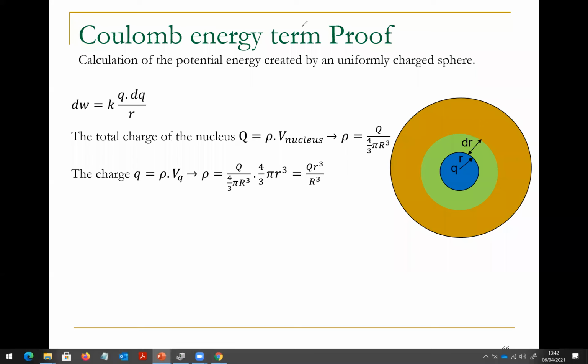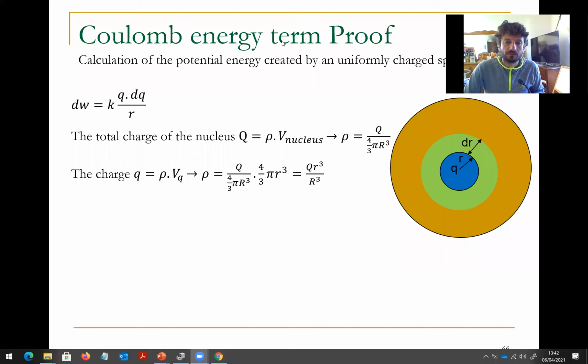So here we put the value of rho equals Q divided by 4 over 3 pi R cube, and this is rho times the volume of this small charge, which is 4 divided by 3 pi times small r cube.